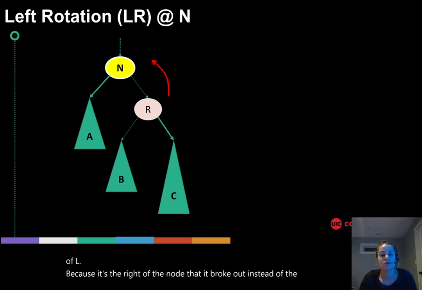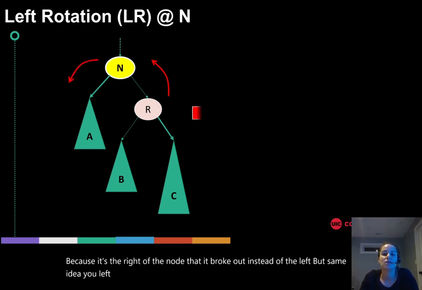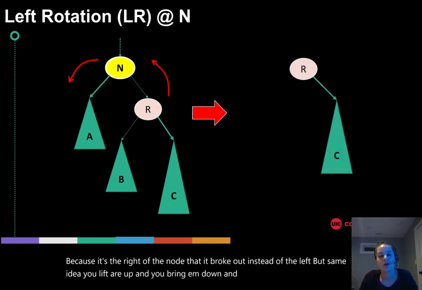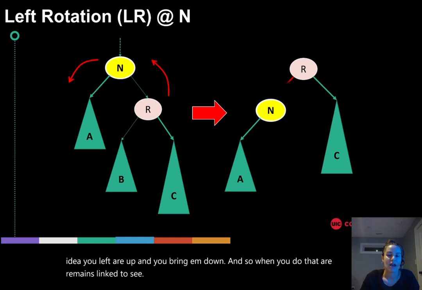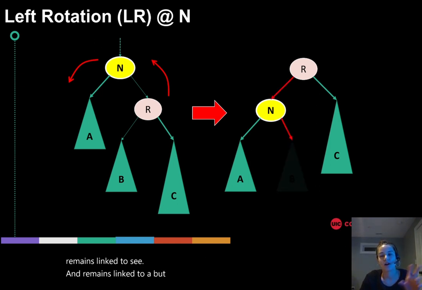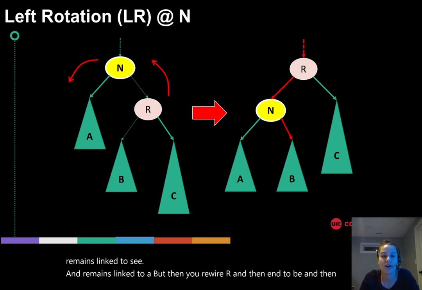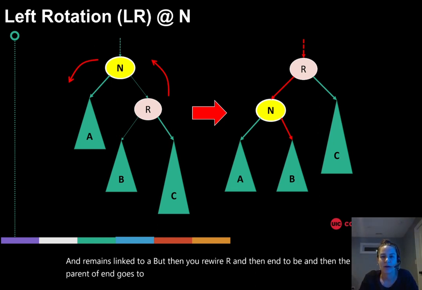But same idea, you lift R up and you bring N down. And so when you do that, R remains linked to C, N remains linked to A, but then you rewire R and then N to B, and then the parent of N goes to R now. Really exactly the same algorithm, but just completely mirrored.